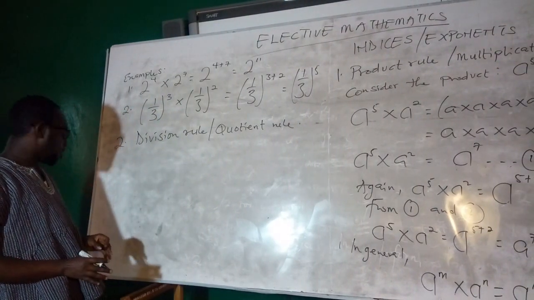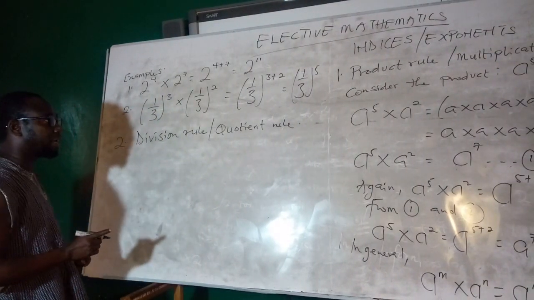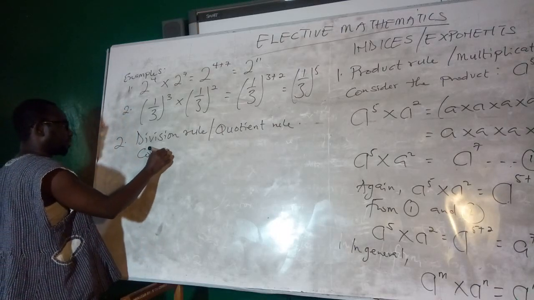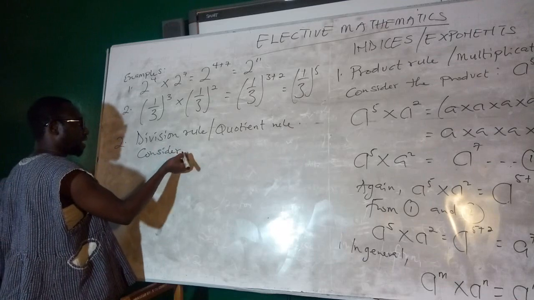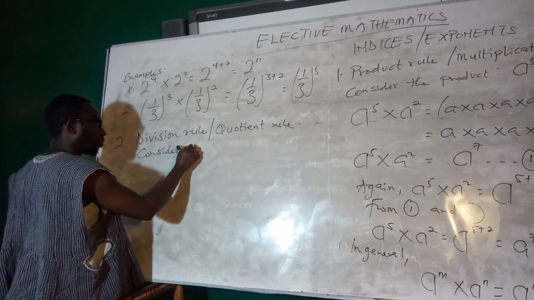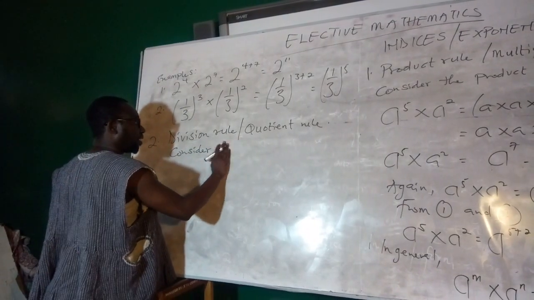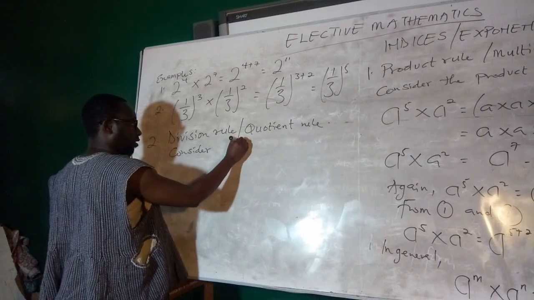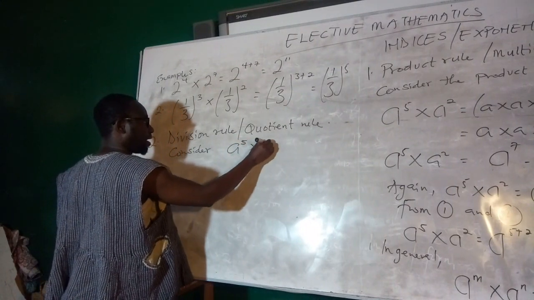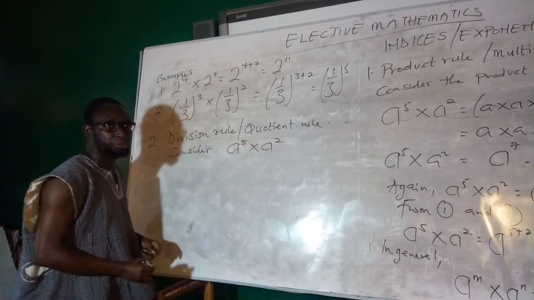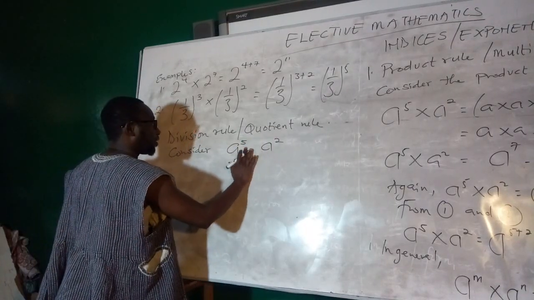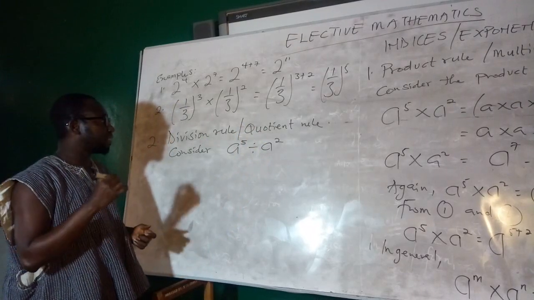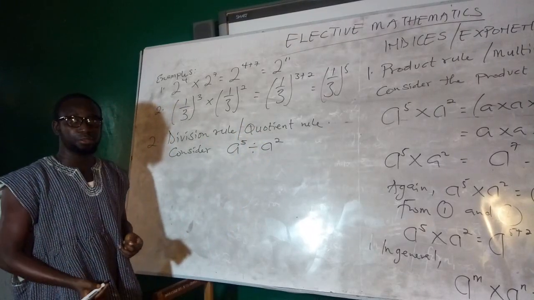Now for our division rule or the quotient rule, we also consider the quotient. We consider a raised to the power of 5 multiplying a raised to the power of 2, or dividing rather, a raised to the power of 5 being divided by a raised to the power of 2.